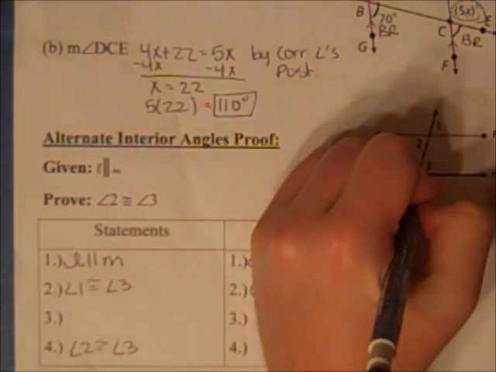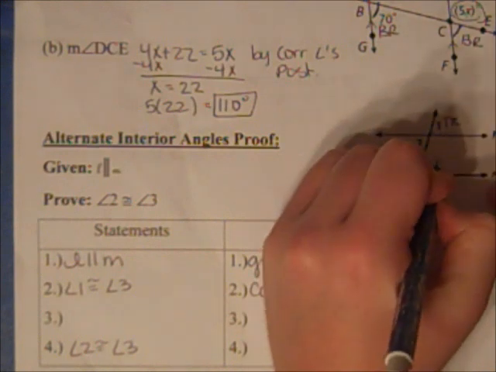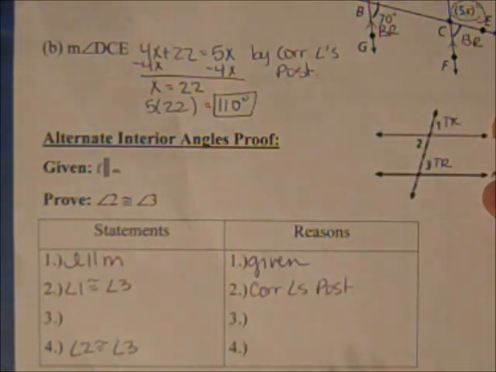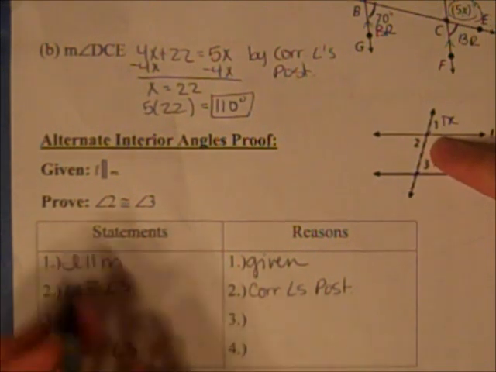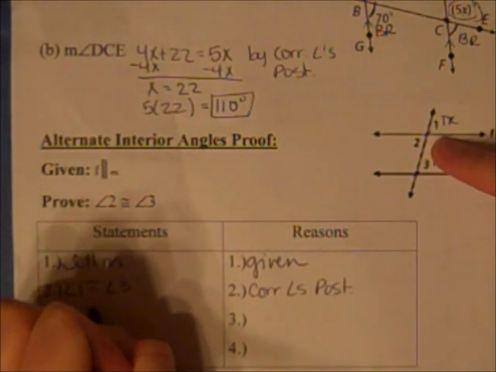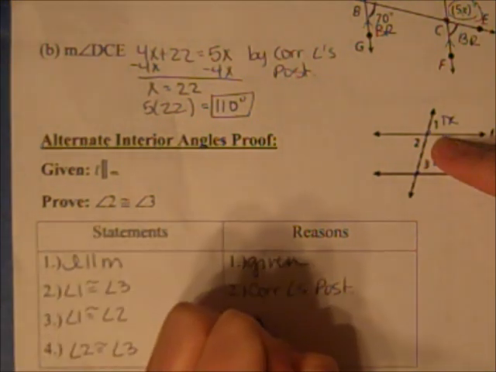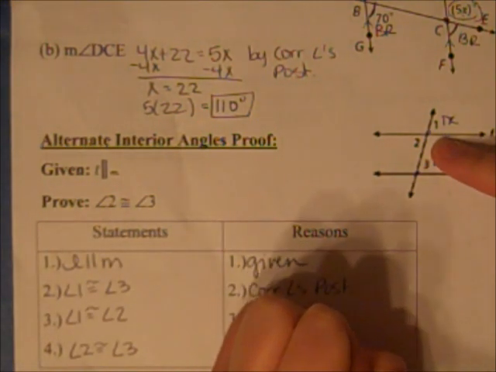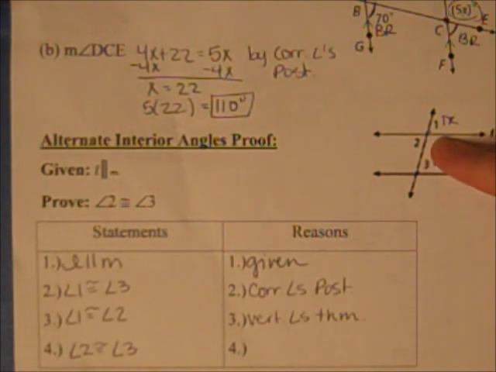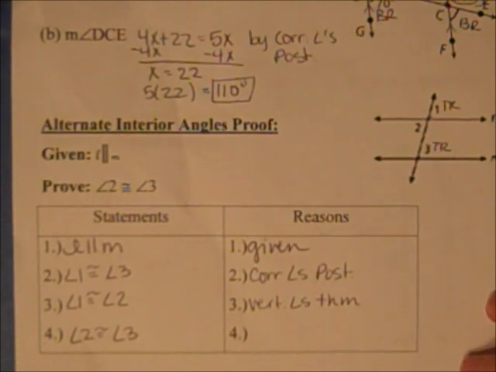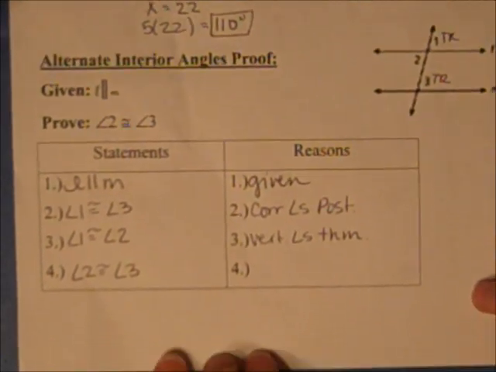Since this one is top right and this one is top right, I know that those are congruent to one another like I just did. Then from chapter 1, I know that angle 1 is congruent to angle 2 because those are vertical angles, so that would be the vertical angles theorem. If angles are vertical, then they have to be congruent.